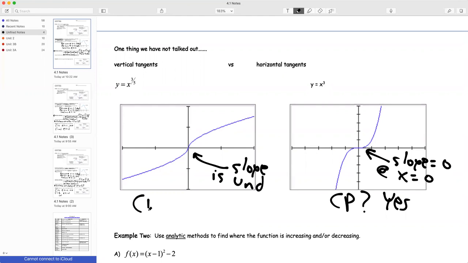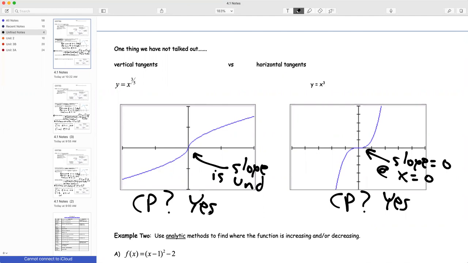So is this a critical point? Well, does the point exist in the original function? Yes, there are no holes or asymptotes. Is my slope undefined? Yes. Is it in the interior? Yes, so it is also a critical point.